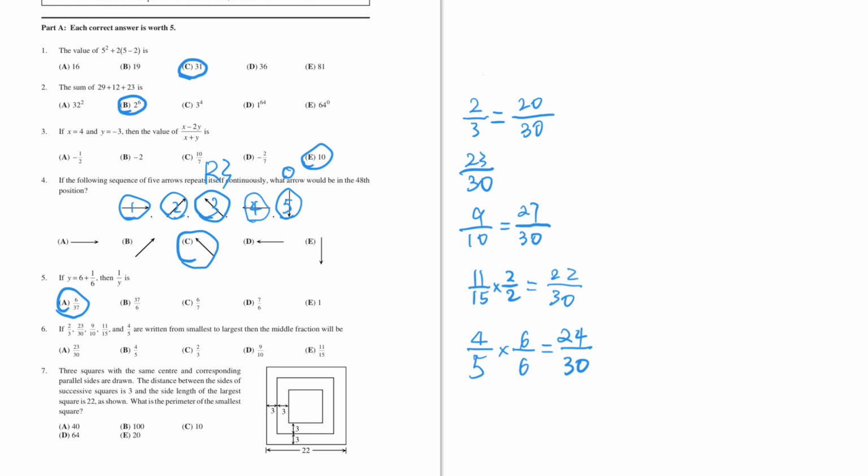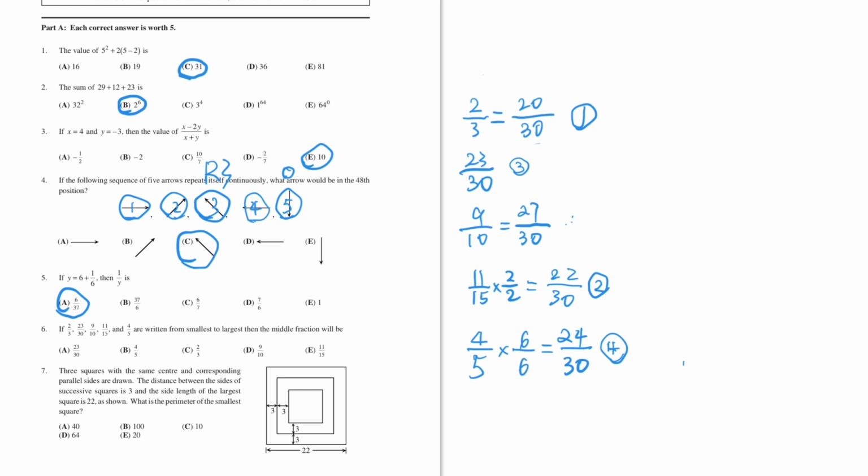Now the smallest one we compare is 20 over 30, that's 2 over 3. Second is 22 over 30. And then 23 over 30, that's the third. After that, the fourth is 24 over 30.